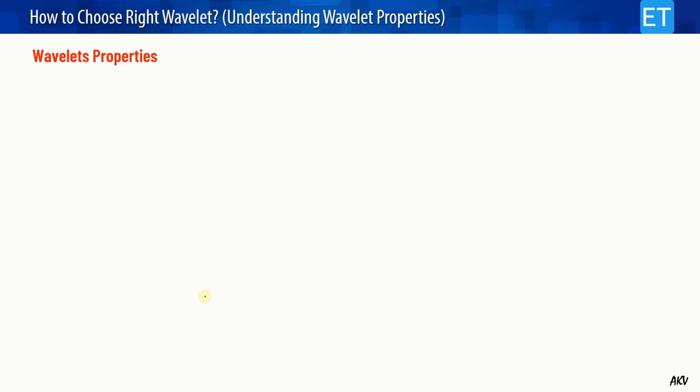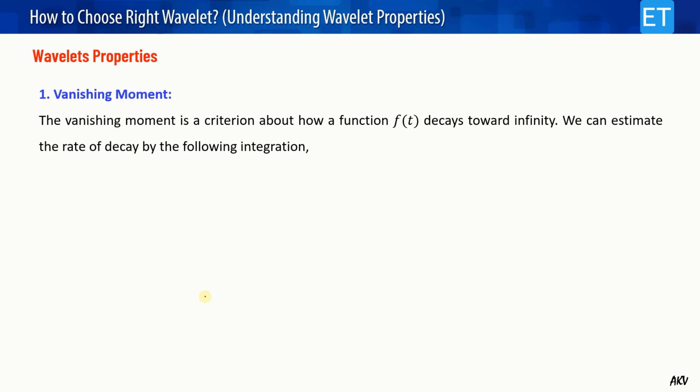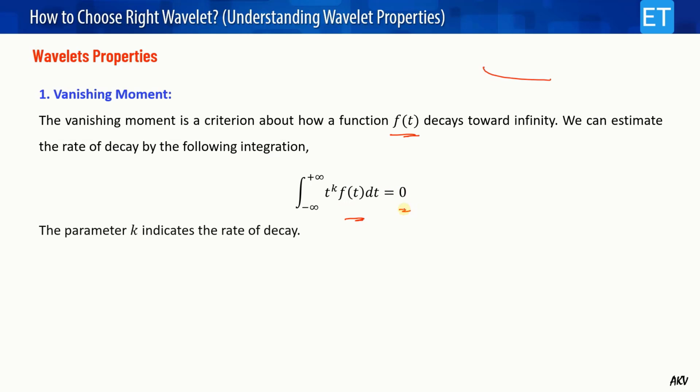Now let's go through the wavelet properties. The first one, which is very important, is the vanishing moment. So let's see what this vanishing moment is. The vanishing moment is a criterion about how a function f(t) decays towards infinity. We can estimate the rate of decay by the following integration. If we do this operation and achieve 0, it means this k indicates the rate of decay.